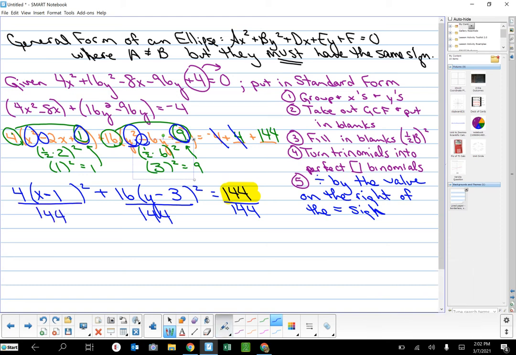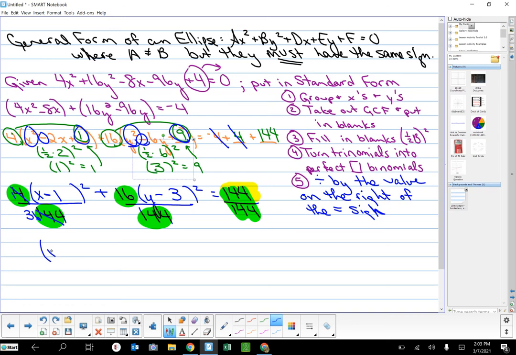So now when you do this, let me grab the highlighter again, a different one. These numbers are just going to get reduced. So 4 over 144, 16 over 144, and 144 over 144. Well, that one's straightforward. So I've already got these prepared. 4 goes into 144 36 times.